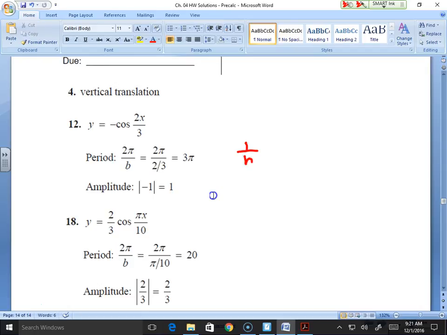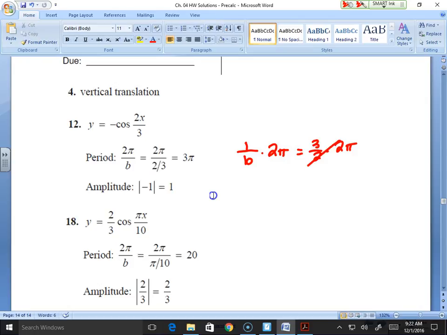My way would have said 1 over b times 2 pi. Who's the b? Oh, this is like what we did today. 2/3, right? And I say 1 over b just means easy. So sometimes my way is easier. Take the b, flip it, and multiply by 2 pi. They have this nice little formula. They put it all like smushed together, but fine. Anyway, some of you might have gotten stuck on that.